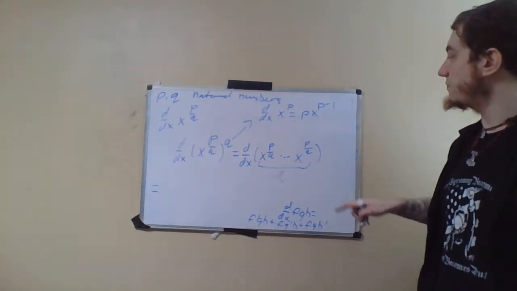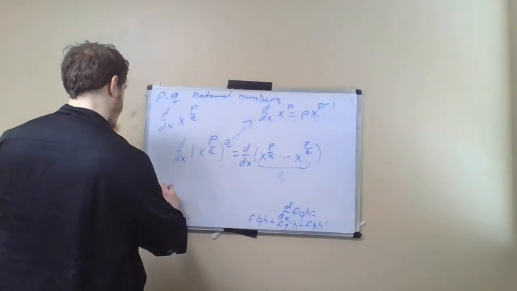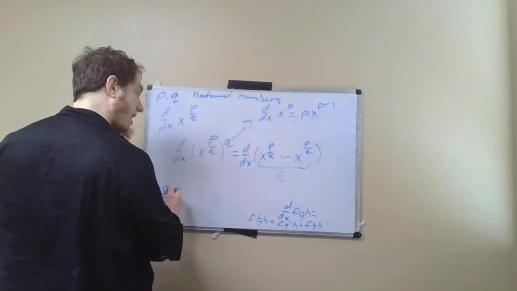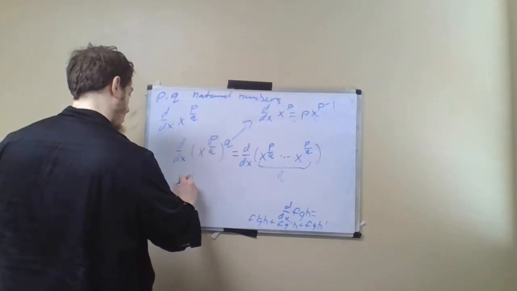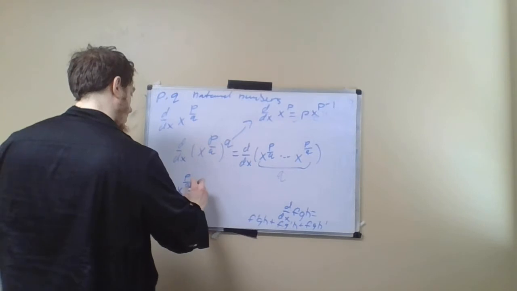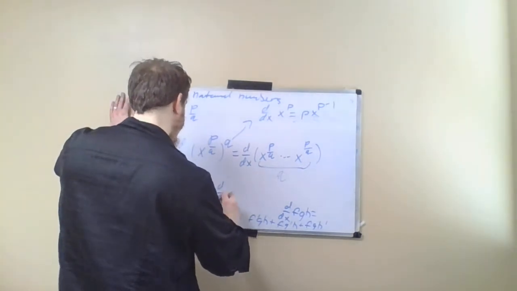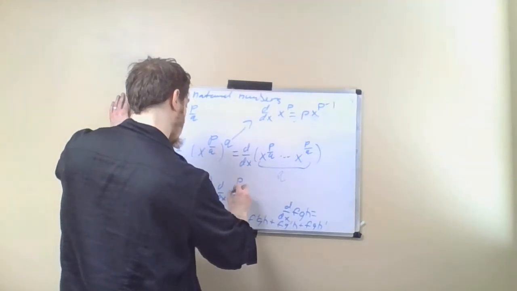So if each of these functions is the same, each one of them is x to the p over q, what we're going to get is q times x to the p over q to the power q minus 1 times the derivative of x to the p over q.